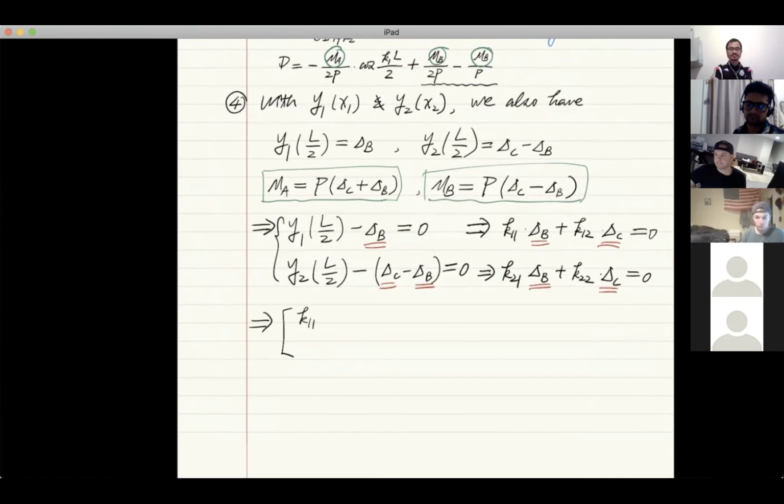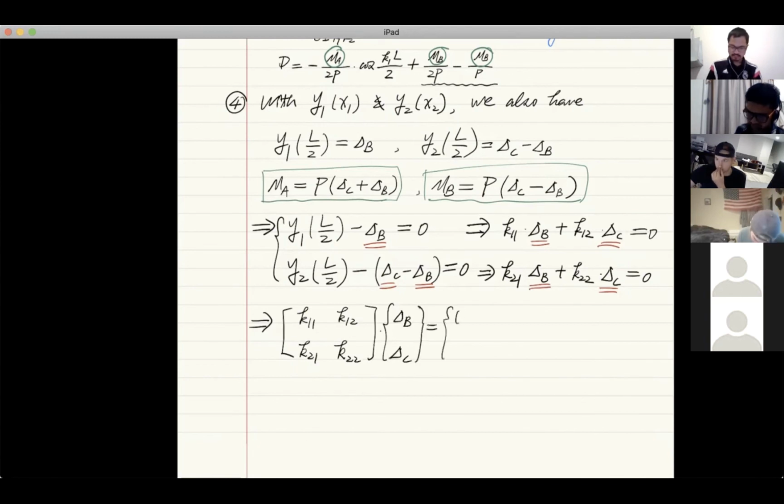If you have these two expressions, you can just write the whole thing in this format. That means K11, K12, K21, K22, times delta B, delta C equals 0, 0, like this, right? Do you still remember what we did last time? We said that delta B and delta C cannot be 0.